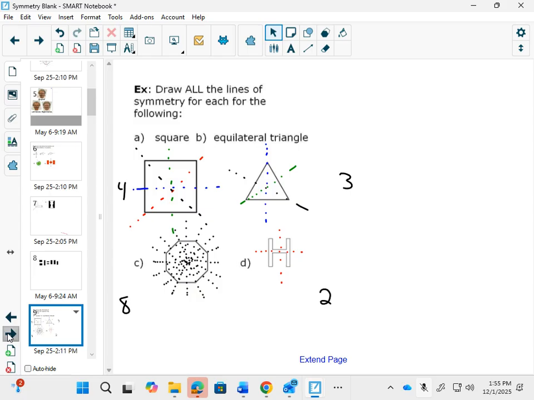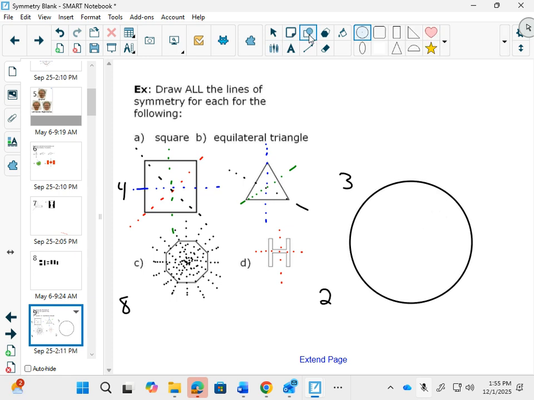Okay, have you started the circle? As best you can on your paper. Hopefully you can do it as good as me. Spent so much time on that one. No, there's a circle. To be fair, my circle was pretty good.